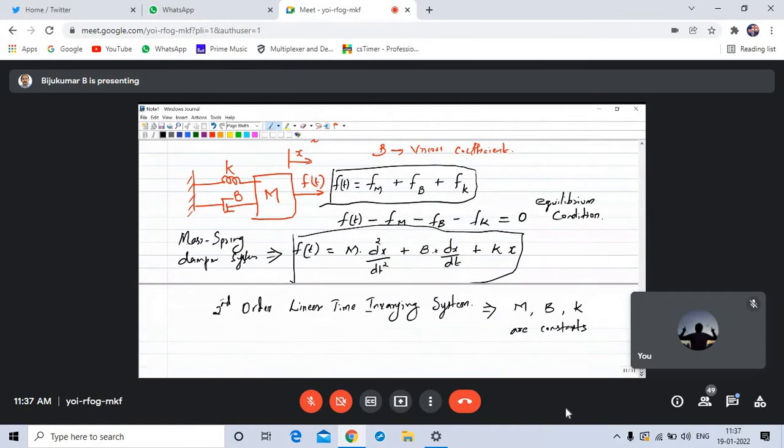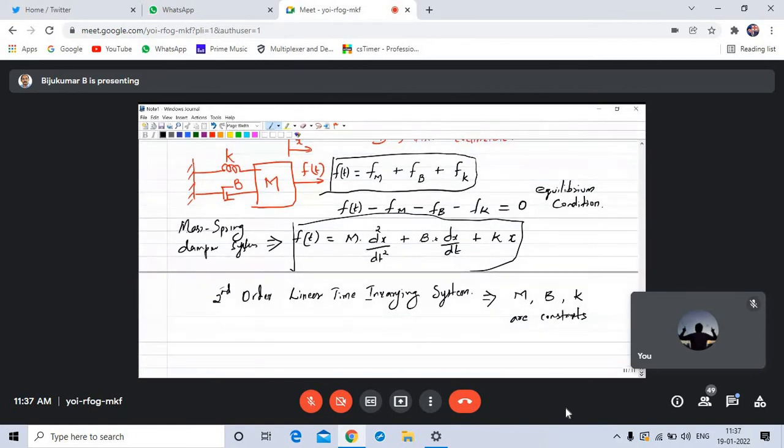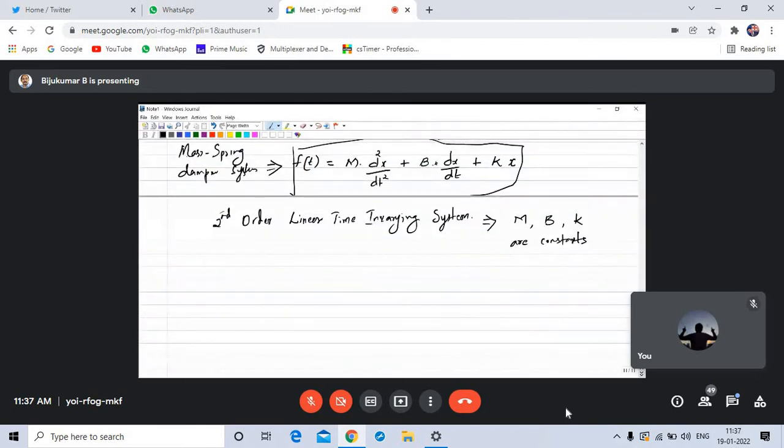The corresponding mathematical model we can call a linear time invariant mathematical model. Okay. Suppose, see, we are using a spring, right? If you use a spring for a long time, what will happen?